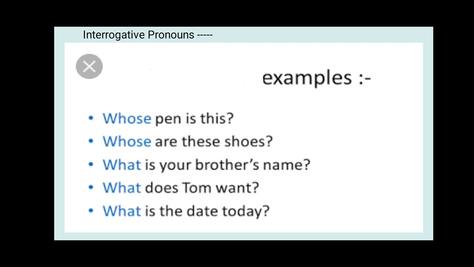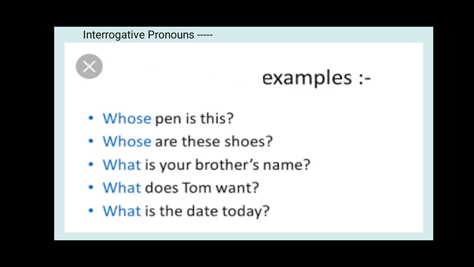Let me first read them all out. Number 1, whose pen is this? Number 2, whose are these shoes? Number 3, what is your brother's name? Number 4, what does Tom want? And number 5, what is the date today?